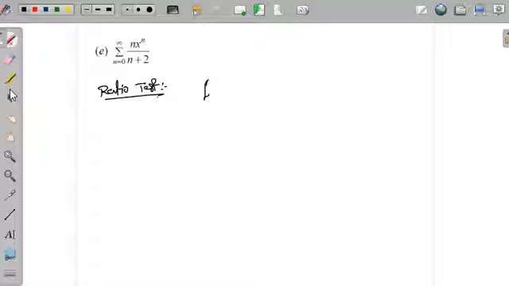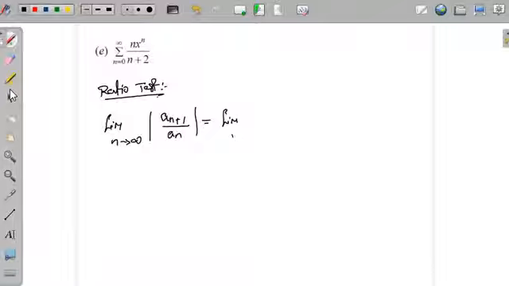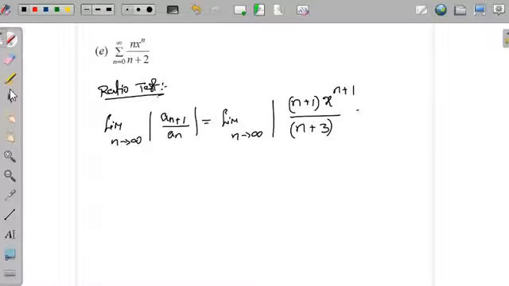So we need to look at the limit as n goes to infinity of the absolute value of a_(n+1) over a_n. So limit n goes to infinity, modulus of (n+1) times x to the power of n+1 over (n+3), times (n+2) over n times x to the power n.